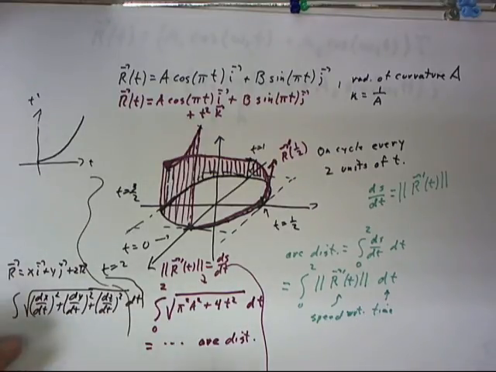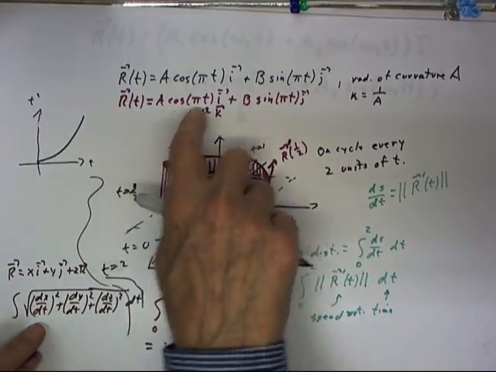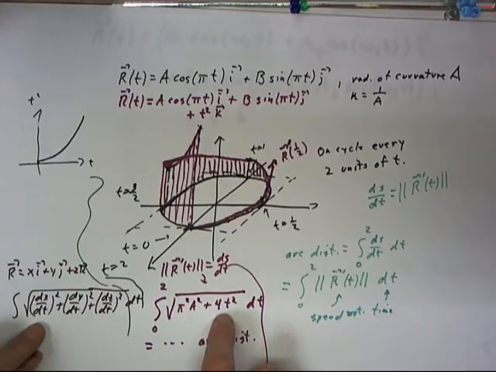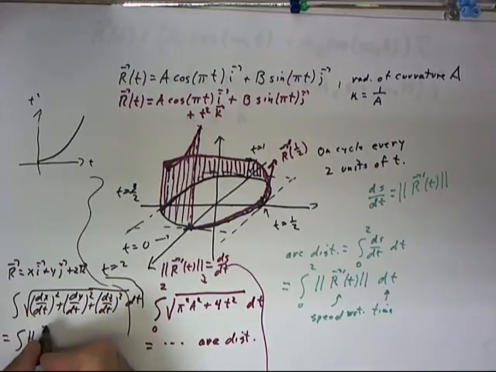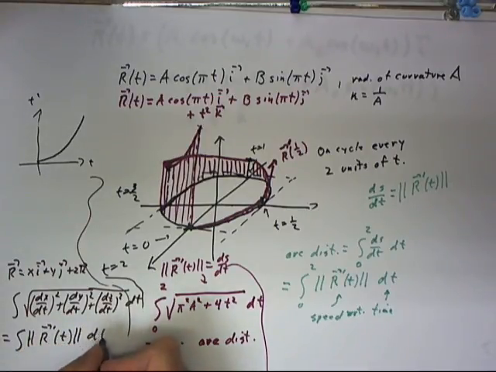But what is this? Well, this is just, for this function, it just gives us this. The dx/dt is nothing but the magnitude of r prime of t.